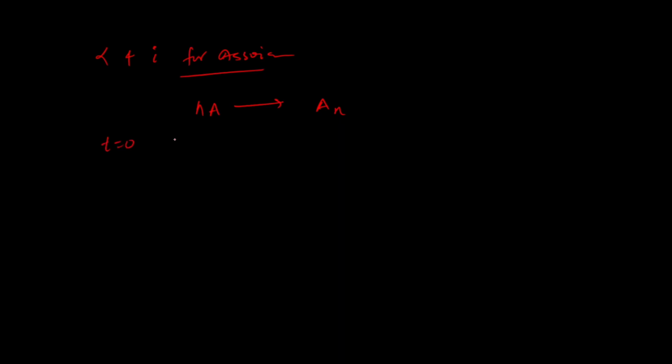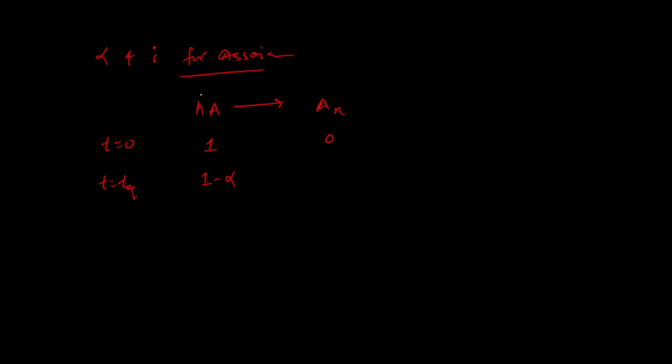At t equals 0, the concentration of this, I will take as 1. At that moment the product is 0. At equilibrium, what will happen? Alpha moles are getting associated. Okay, now here is the most important part, I would say.